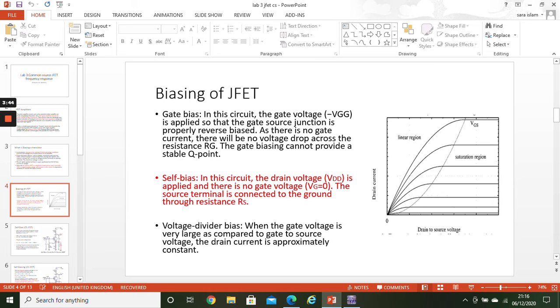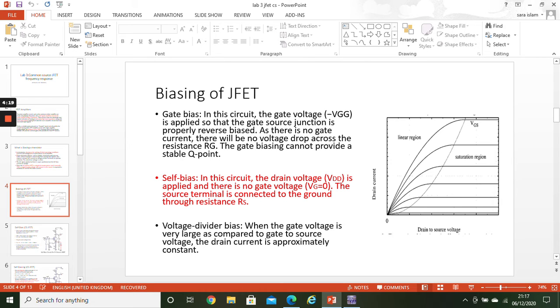I told you what biasing is, and you know from your previous labs that when you are biasing a JFET, its voltage at gate or its VGS voltage should be negative. It means your gate should be negative compared to your source voltage, right? This is the initial biasing condition for your JFET to work in saturation mode. If you see its graph, apart from the linear voltages, this entire region is your saturation region.